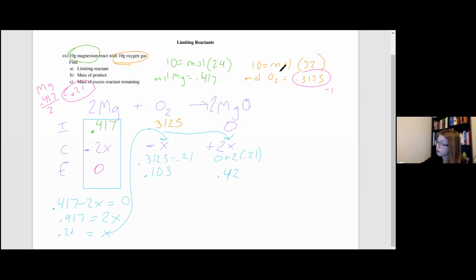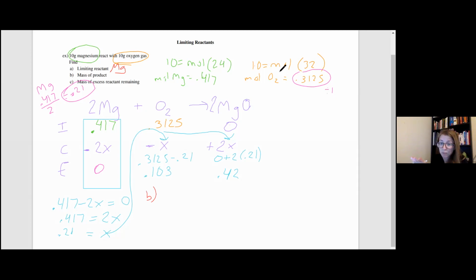I can actually go now and answer most of my questions. So for part A, what's the limiting reactant? That's the thing I ran out of first. So magnesium, Mg, would be the answer for A. For B, I want mass of the product. Remember, product is whatever is on the right-hand side of the arrow. So if there were multiple products, I'd have to specify, I want water, I want magnesium oxide, whatever it is.